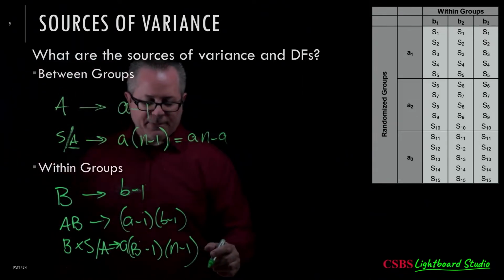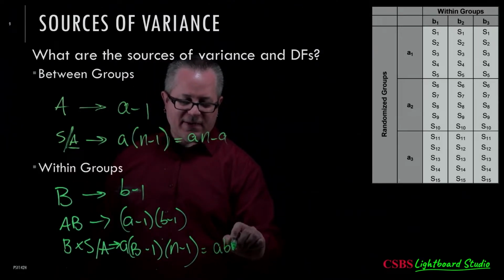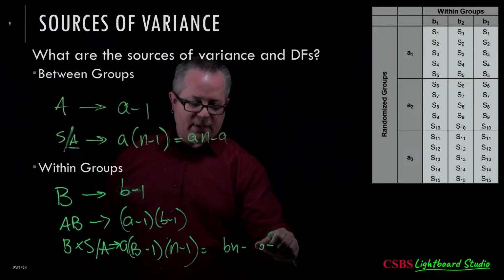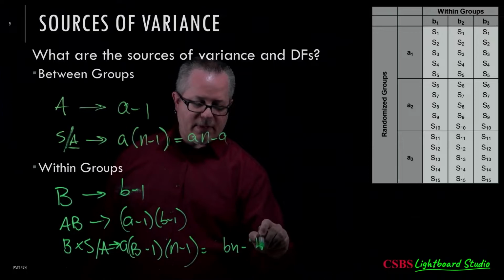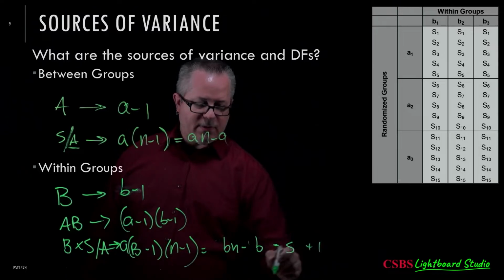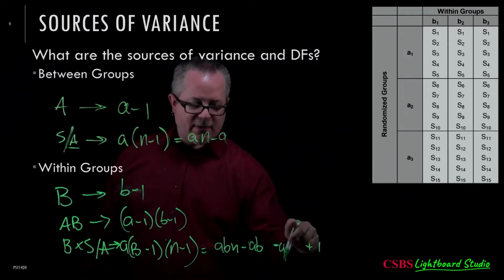This ends up being crazy. ABN, it's like ABN minus AB minus... second, I'm doing this the wrong way. So it's going to be BN minus B minus N, the S, the N degree of freedom, plus 1, but then you multiply A through there, so it's ABN minus AB minus AN plus A degrees of freedom.